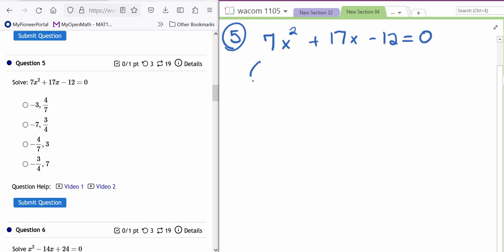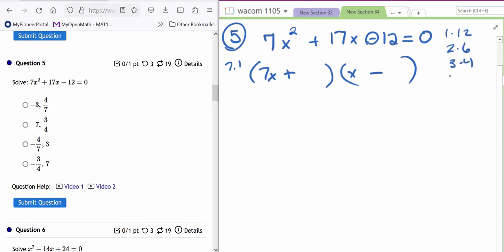So hopefully that will help me. So it would be 7 and 1 would be my choice. Here I'm going to use different signs, and then I have to look at the factors of 12. So 1 times 12, 2 times 6, 3 times 4, 4 times 3, 6 times 2, and 12 times 1.